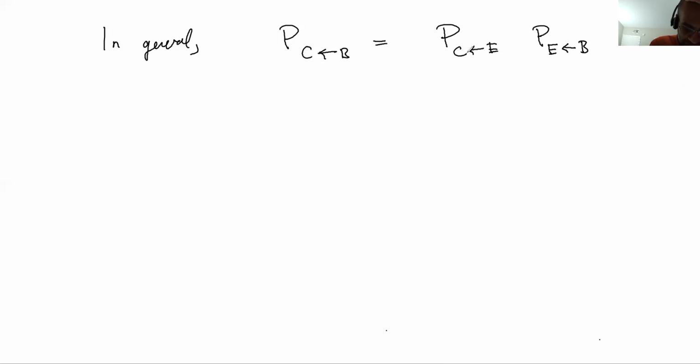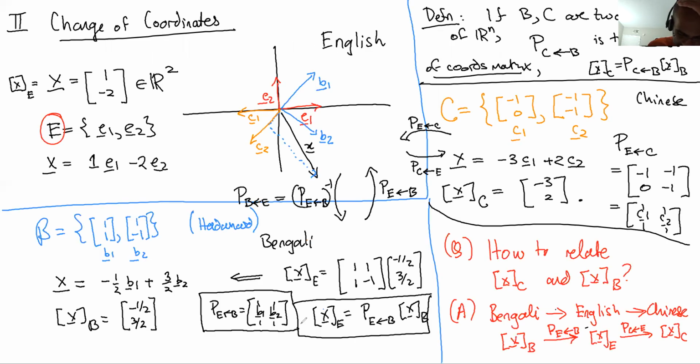Now if you want to actually calculate that matrix, you use this fact that P of C to E is just P of E to C inverse times P of E to B. And now we have written those down, right? So P of E to B is the matrix that's written over here, or sorry, B to E. This matrix is P of B to E. So let's just... whoa, did I just clear that?